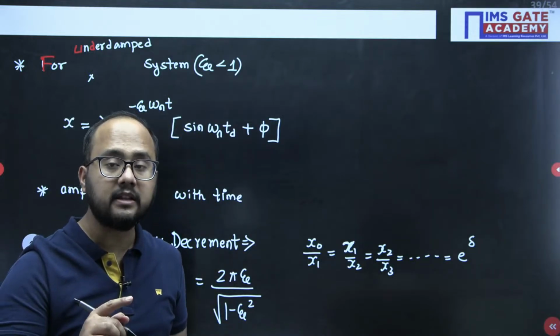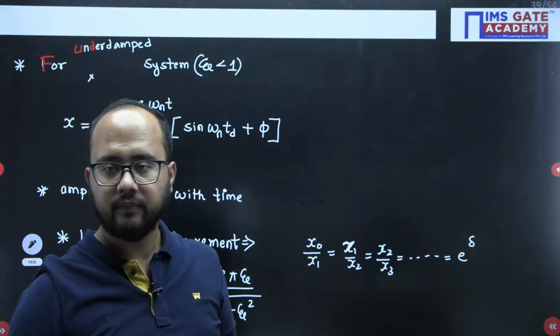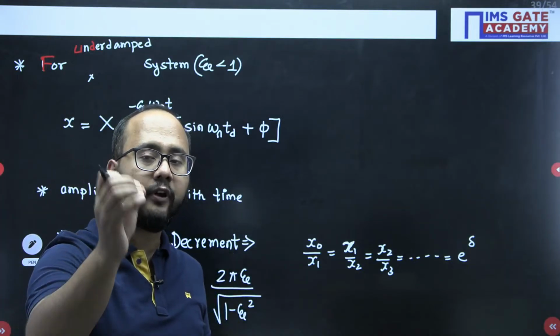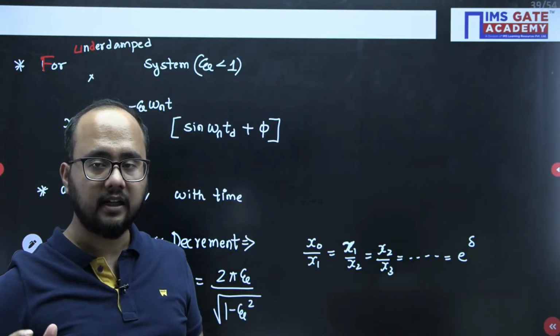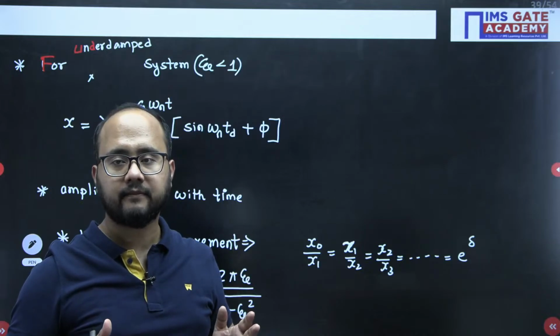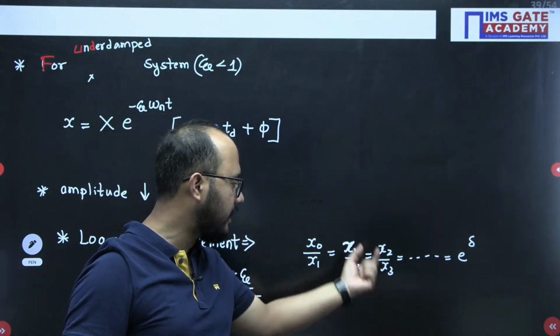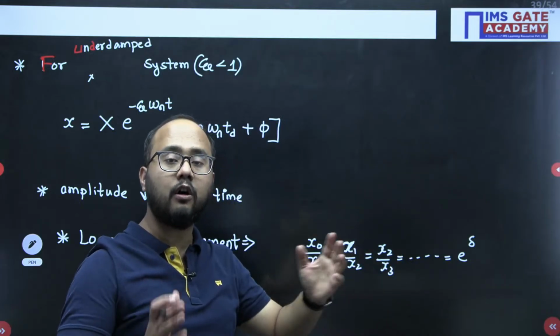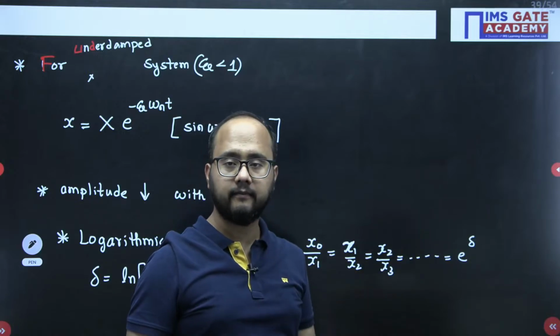Now what happens in the question, they will give from the 5th cycle to the 8th cycle, the ratio of the 5th cycle to the 8th cycle, like x5 by x8. So I can calculate what x5 by x8 is. Like x0 by x1, x1 by x2, x2 by x3, x3 by x4, all are equal and all have a value e to the power del, right?